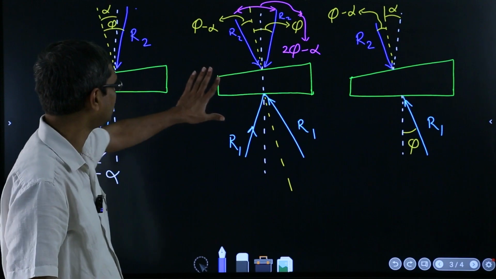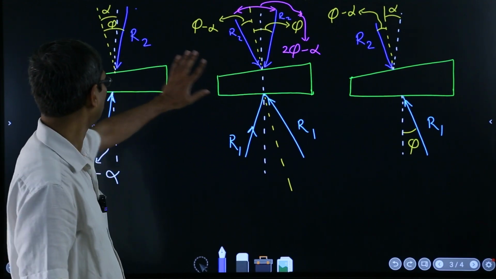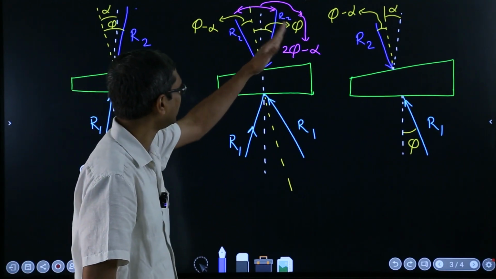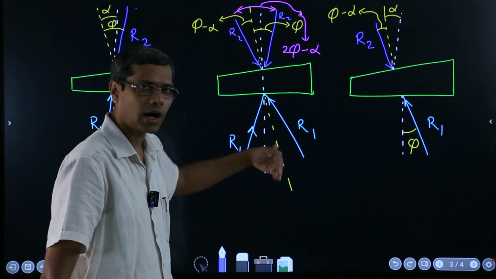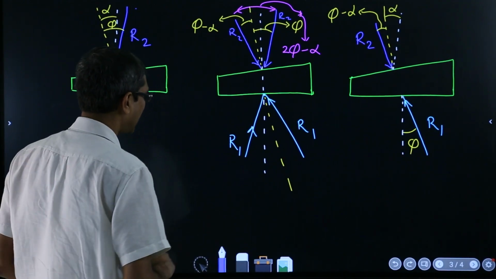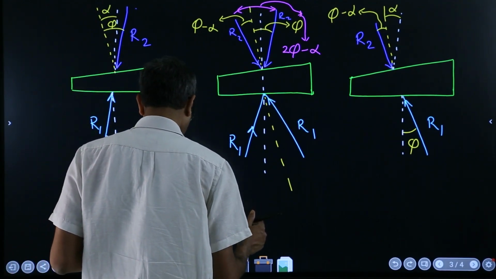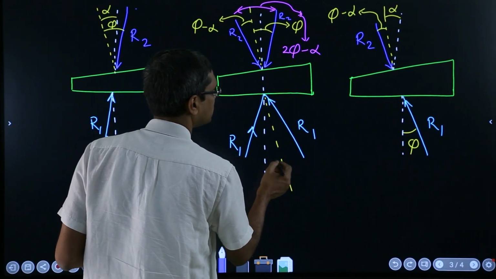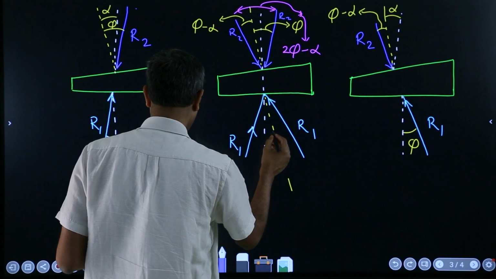Okay, you have to understand this middle picture, that it is a superimposition of these two cases, so that we are just trying to see the range over which R2 and R1 can move to keep things intact. Okay. Now here this angle is phi.